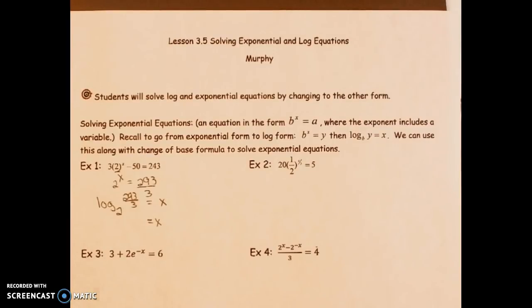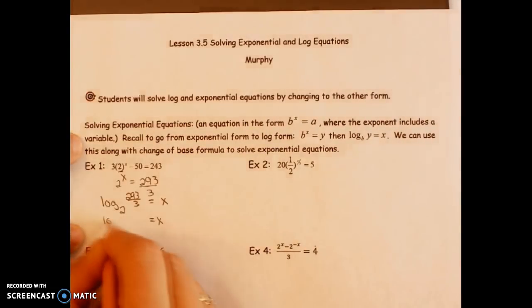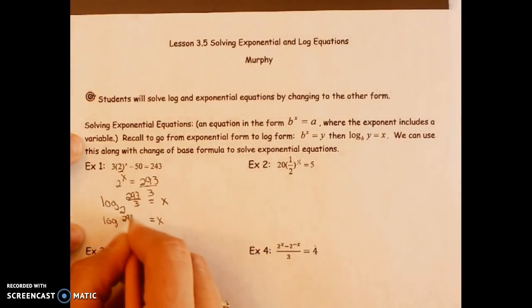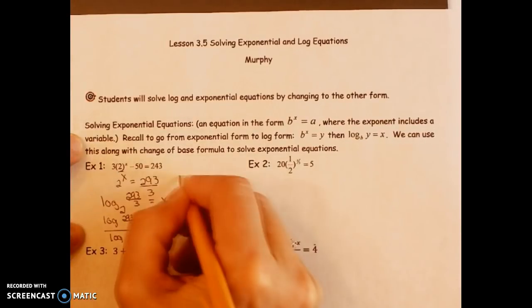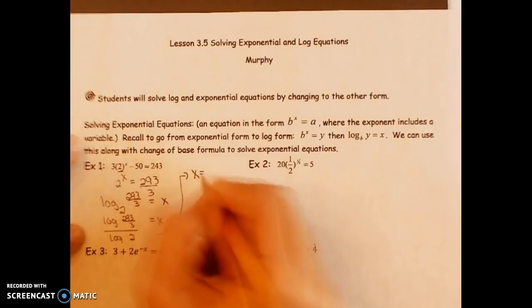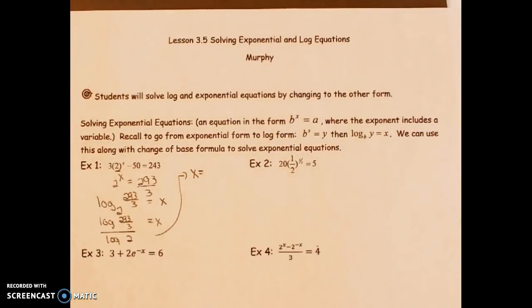Now that it's in that form, we can use that change of base formula. We've got log of 293 over 3 divided by log of 2. Now we discussed, some of you have the nicer calculators that have that automatic change of base. If you don't, that's okay, we can still type it in on the older calculators as well.